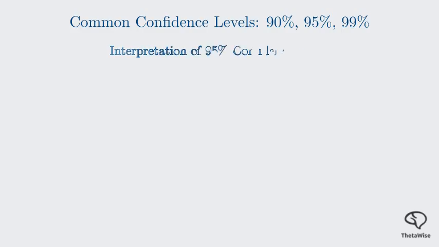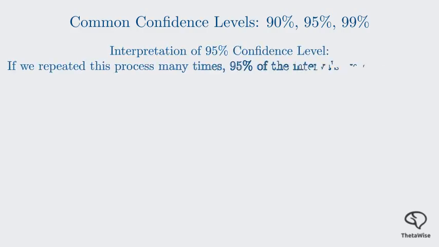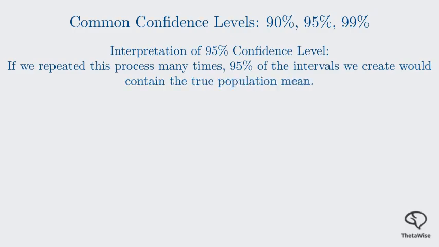Instead, it means that if we were to repeat our sampling process many times, 95% of the confidence intervals we construct would contain the true population mean. So it's a statement about the reliability of our method, not about a single interval. A higher confidence level, like 99%, gives us more certainty, but it also results in a wider interval, which is less precise. It's a trade-off between certainty and precision.